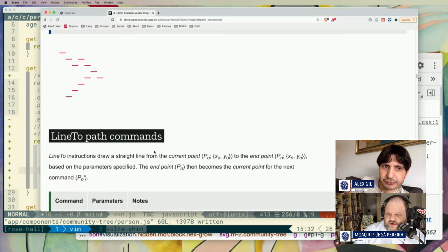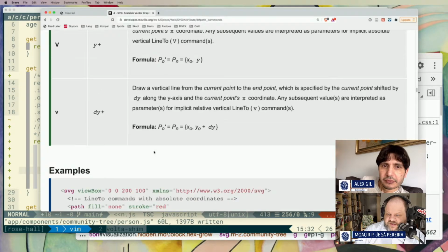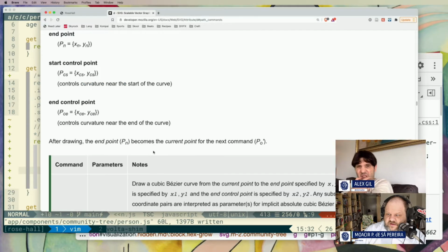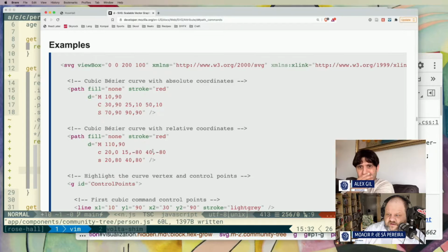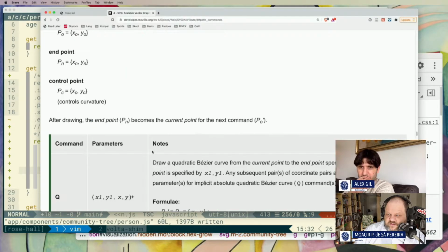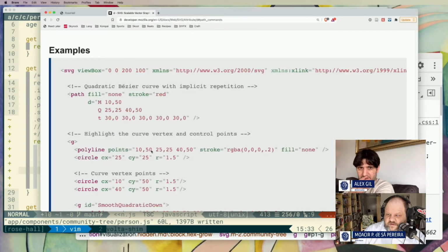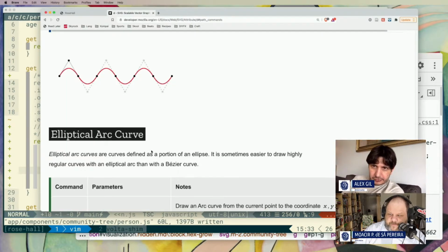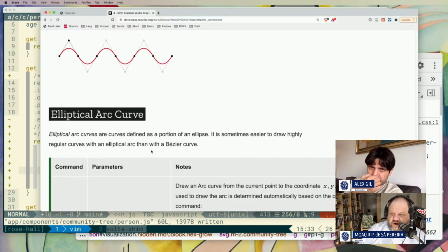So now it's drawing, and let's see where's the A. Okay, it's this elliptical arc curve.